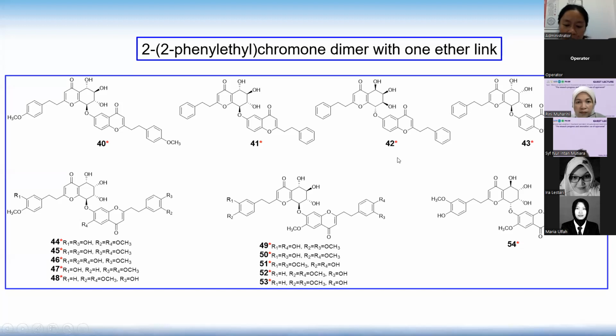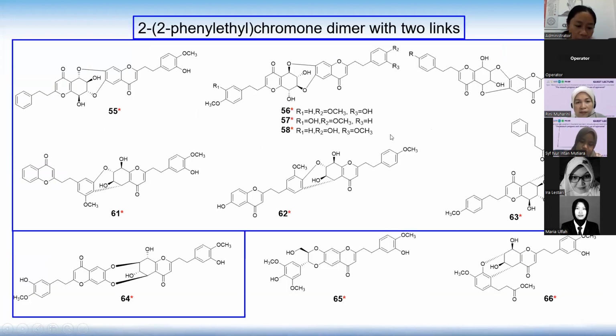From some artificial agarwood, we always find position 8 of the 5,6,7,8-tetrahydro-2-(2-phenylethyl)chromone connected with position 6 of the 2-(2-phenylethyl)chromone, from position 8 to position 6.